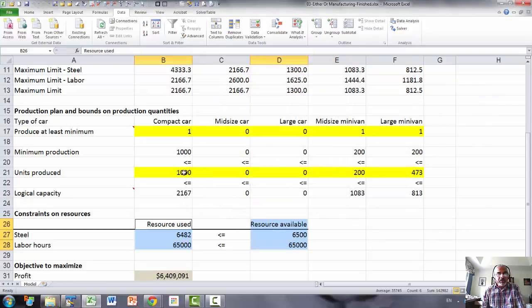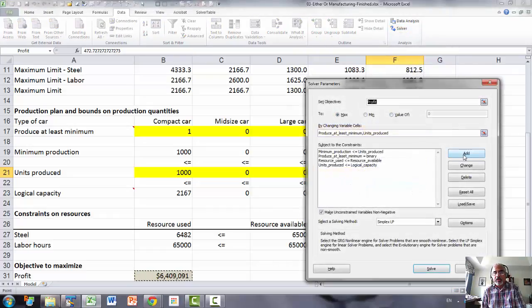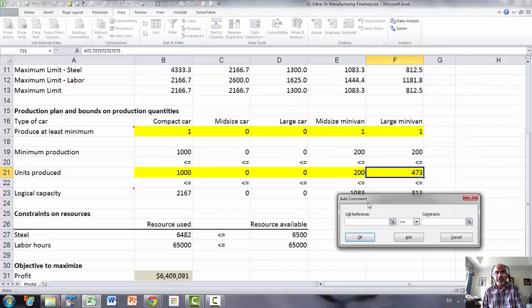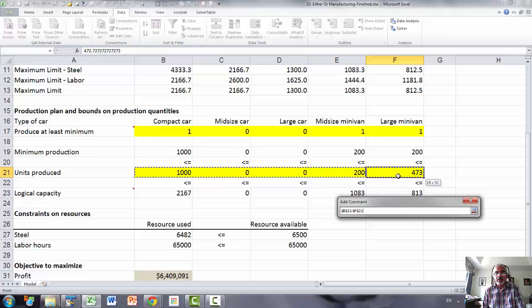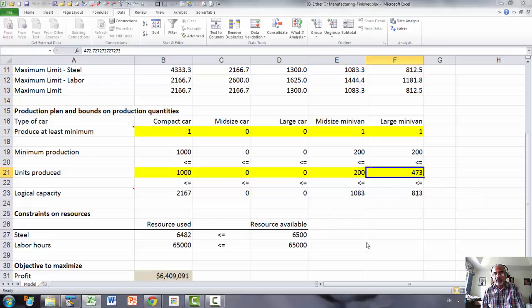And then see whether these units produced are whole numbers. Okay, now this one is not a whole number. So let's go back in and add that production quantity must be integer.